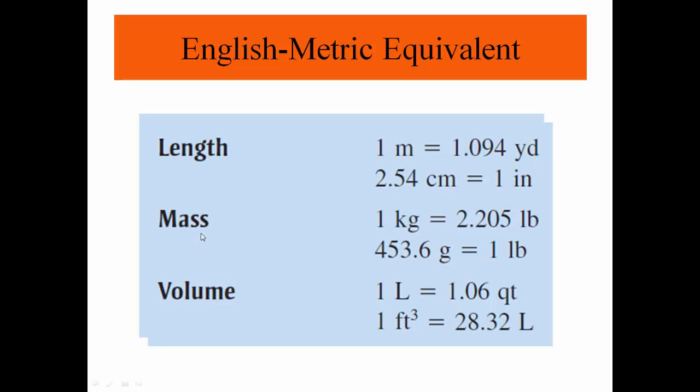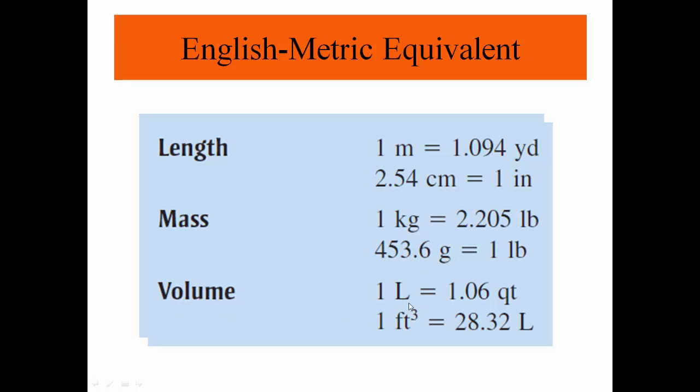Mass: 1 kilogram in the SI or metric system is equivalent to 2.205 pounds in the English system, or 1 pound is equal to 453.6 grams in the metric or SI system.